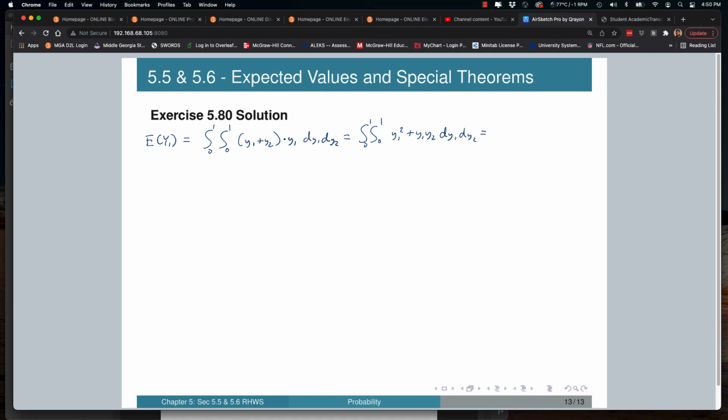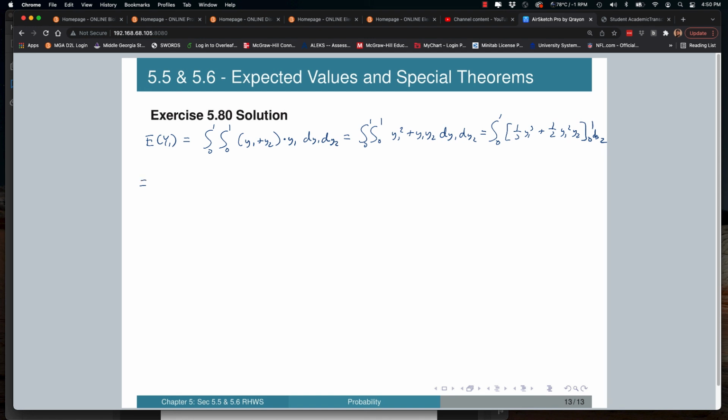So the first step, the integral, we end up getting the following. I get 1/3 y sub 1 cubed, yes, plus 1/2 y sub 1 squared y sub 2, evaluated between 0 and 1, dy sub 2. Sorry, I ran out of room there.